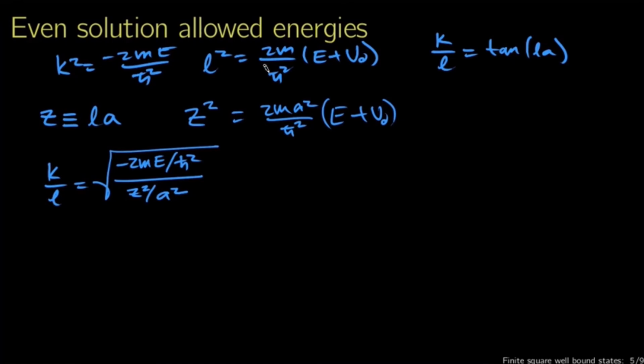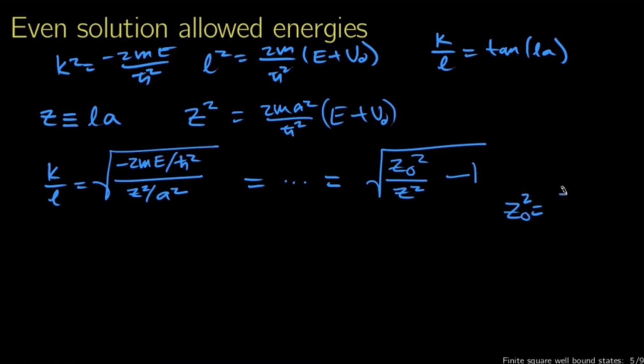If you go back, manipulate your expression for z to solve for the energy, and substitute in for the energy in the numerator, after doing some algebra you find that this is equal to, defining a new constant, z naught squared over z squared minus 1, where z naught squared is defined to be 2m a squared V naught over h bar squared.